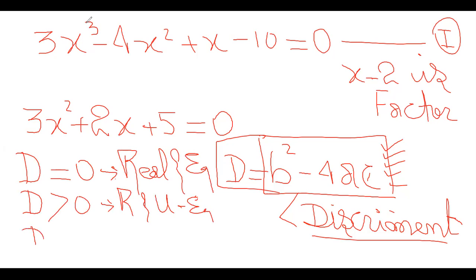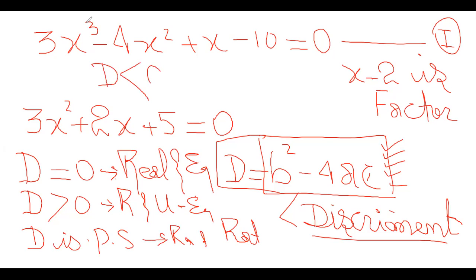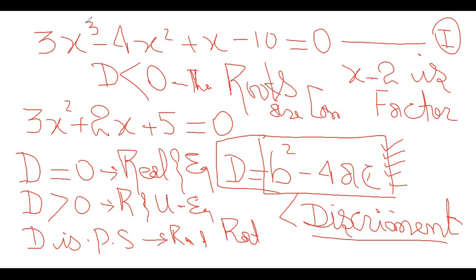If D is a perfect square, then the roots are rational. Last but not least, if D is less than 0, then the roots are complex, imaginary numbers. You know complex numbers, iota? Yes, then the roots are complex.